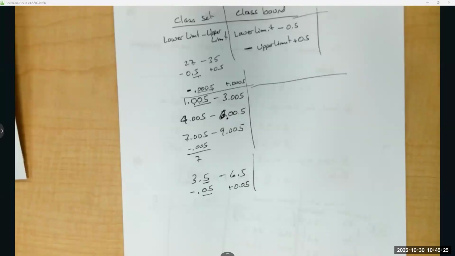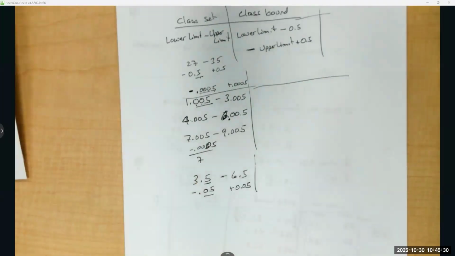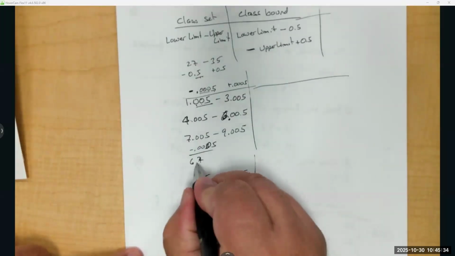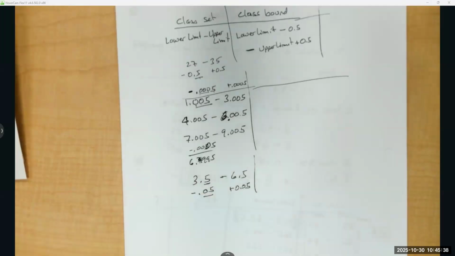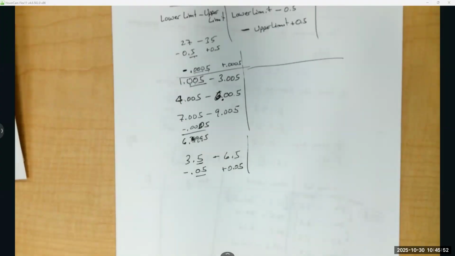So we have to do 0.0005. That'll make it 6.9995. So you just want to go down one step. All right, so everybody's okay with that.